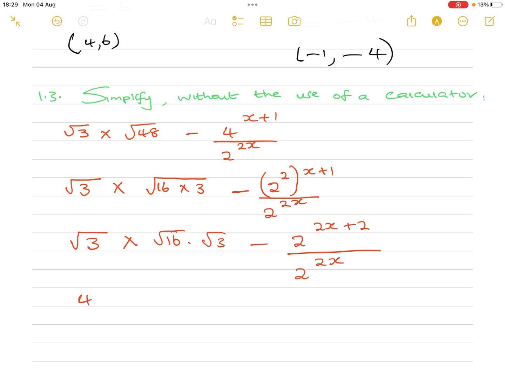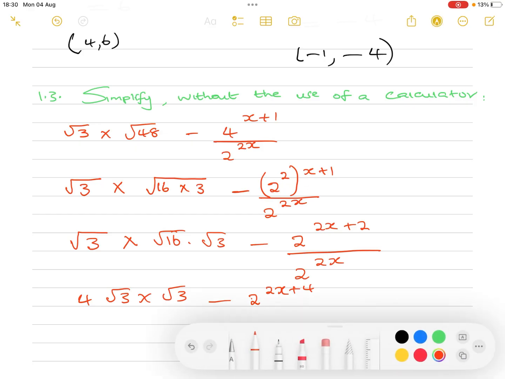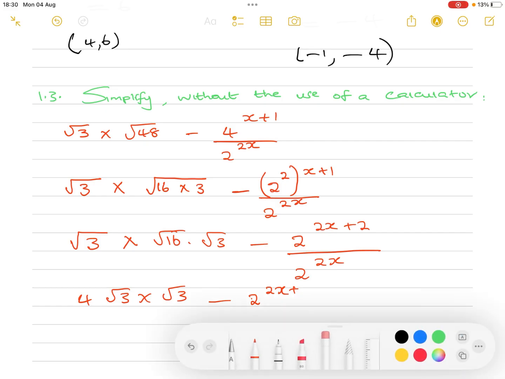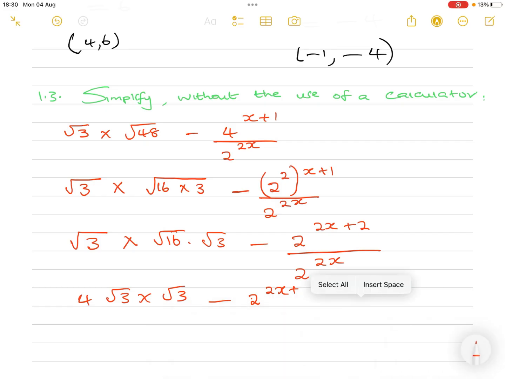So I'll be having 4 square root of 3 times square root of what? Of 3 minus. So now I have powers of the same base. I can drop one base and subtract their exponents. So I have 2x plus 4, not plus 4. What do I take 4 from now? Okay, not plus 4, but it has to be what?